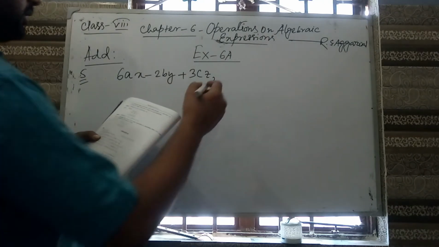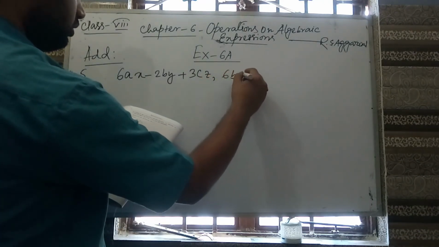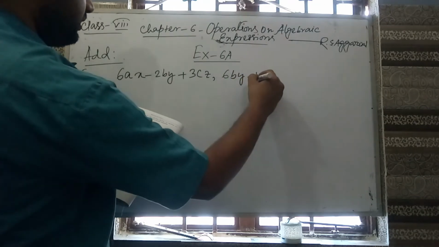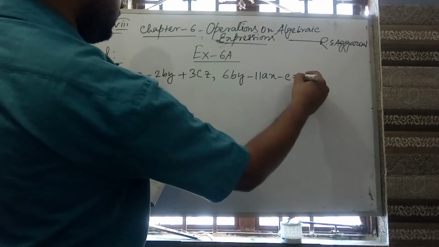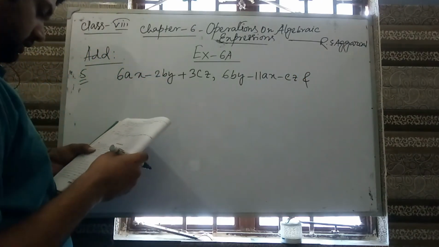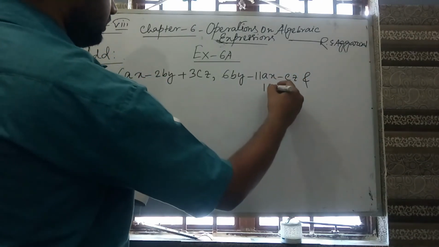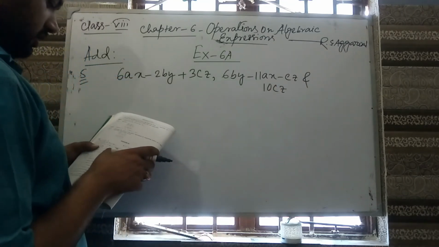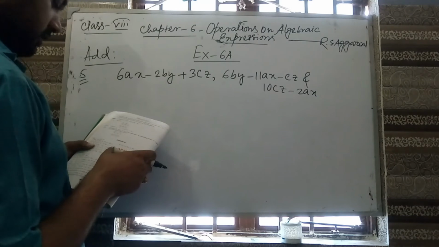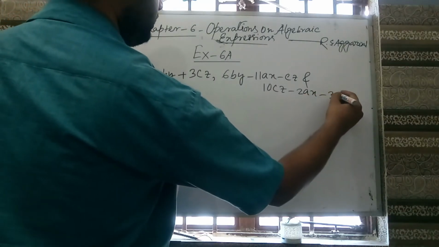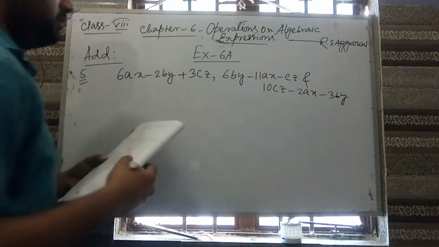The next one is 6BY minus 11AX minus CZ, and the last one is 10CZ minus 2AX minus 3BY.